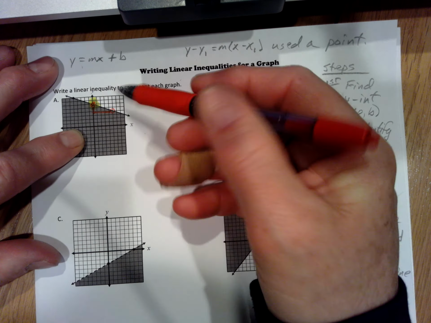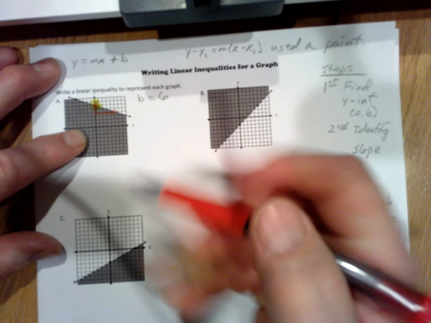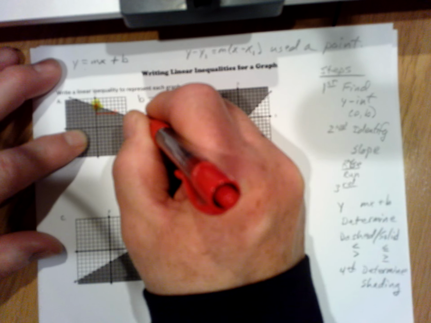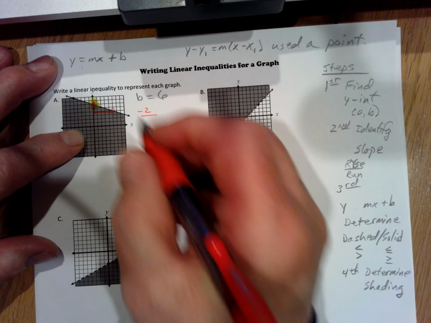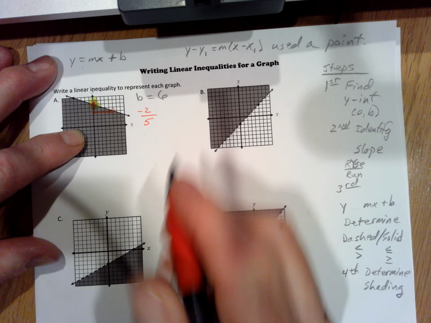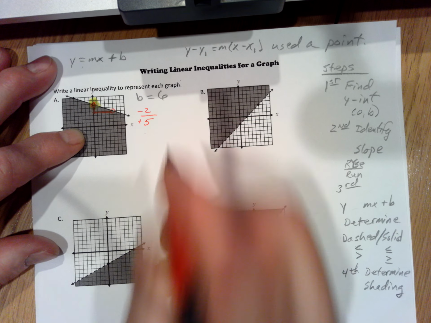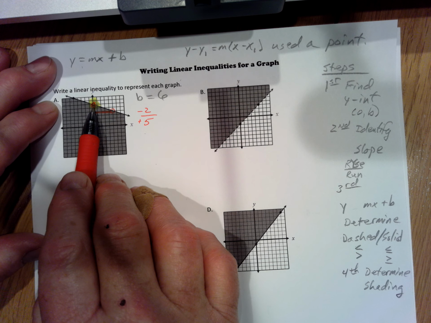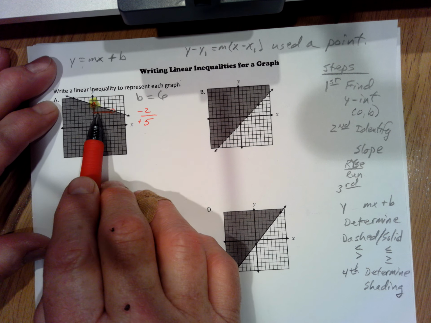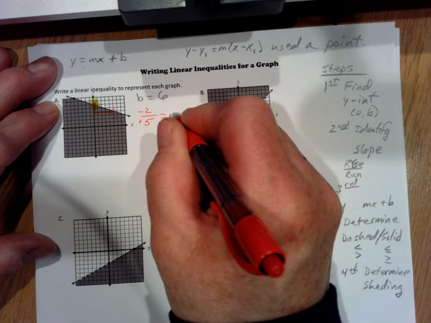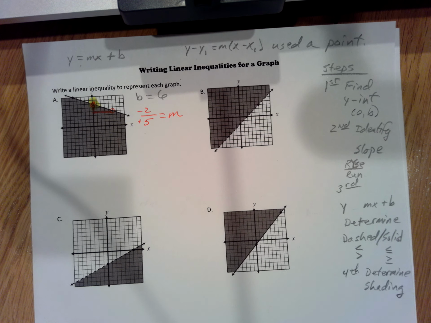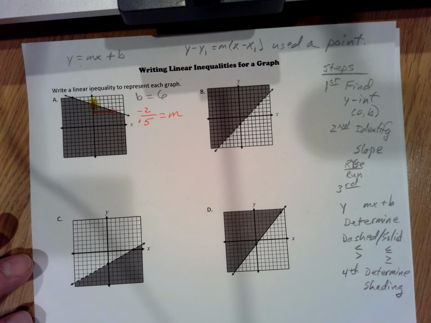I'm going to go down 2, and I'm going to count 1, 2, 3, 4, 5, right 5, and it's a plus 5. So I counted down 1, 2, and right 1, 2, 3, 4, 5. So that's my slope. So now I know that I have a slope of -2/5 and a y-intercept of 6.